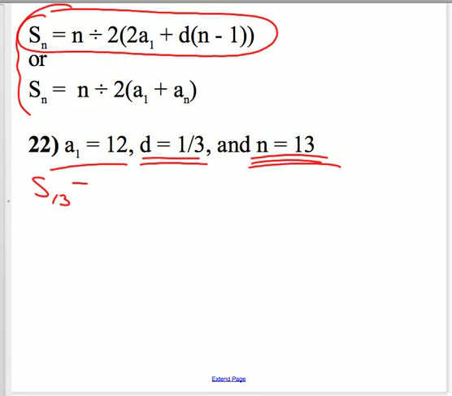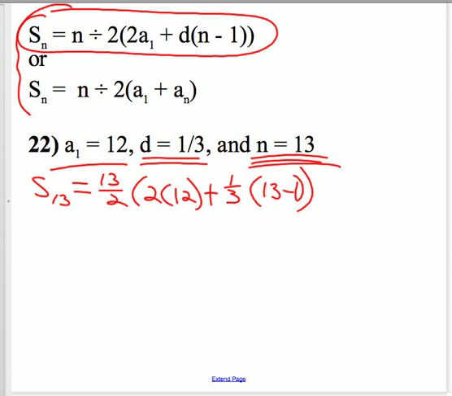I'll plug the numbers in for the respective letters, n being 13, a sub 1 is 12, my common difference is a third, and n is 13 again. And again, the whole right side of my equation is numbers. I can type it in my calculator. I need to evaluate that right side to figure out my sum.